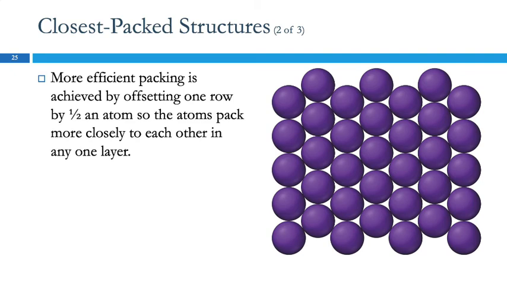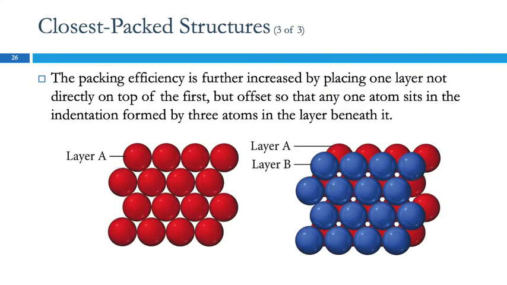So the bottom layer is more closely packed, and then we can look at how those are stacked on top of each other. We're going for closest pack, so we don't want them directly on top of each other. The next layer is going to be offset, just like this row is offset from the first row. So this is going to sit in the indentation caused by the 3 atoms below it.